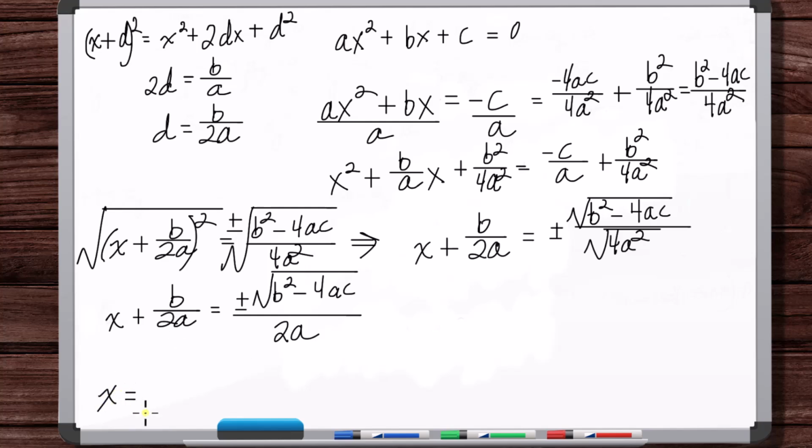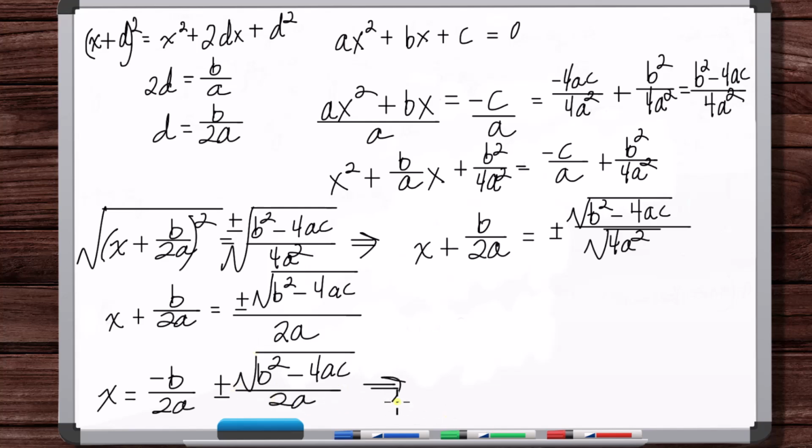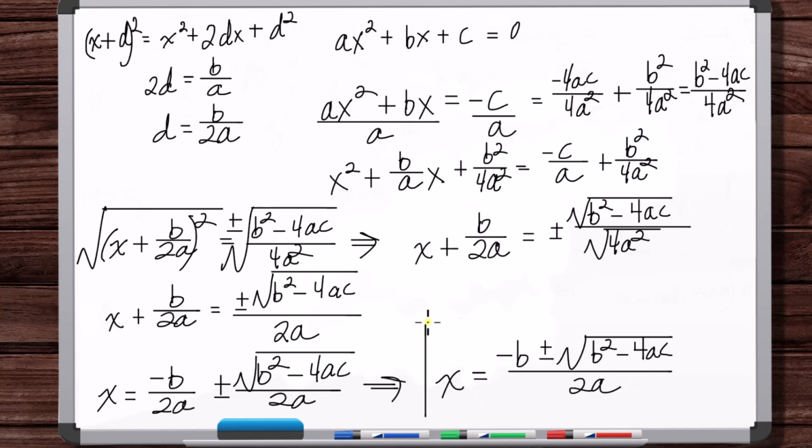Now let's subtract b over 2a from both sides, and there we go. We can combine these fractions. We've got minus b plus or minus the principal square root of b squared minus 4ac over 2a.